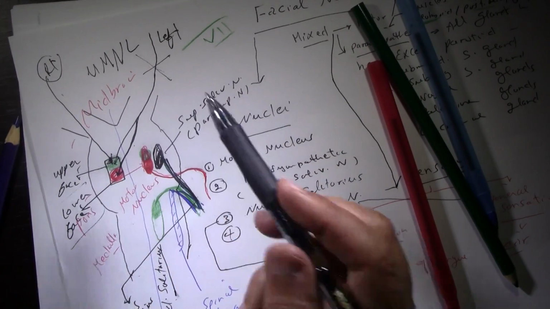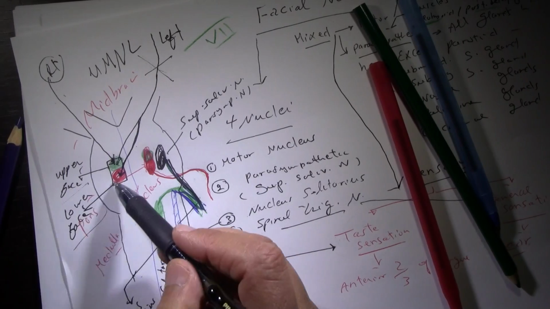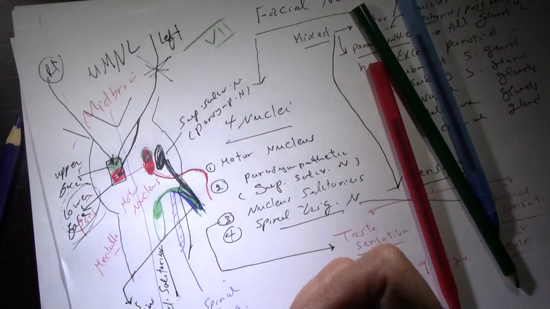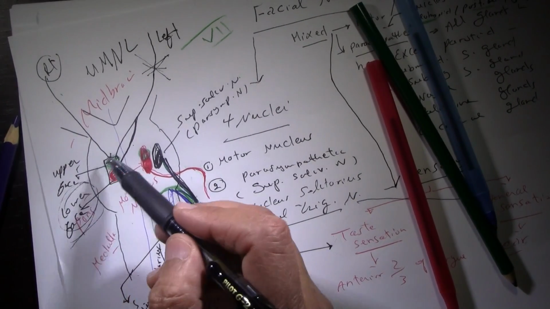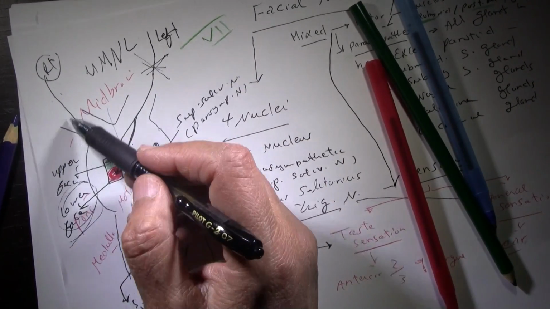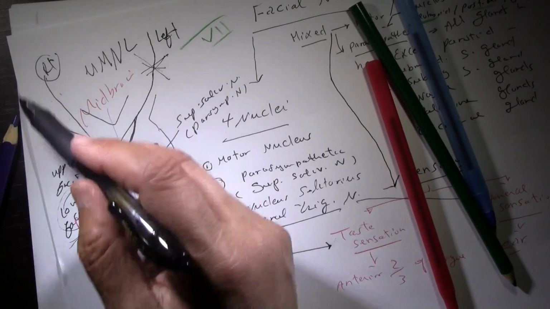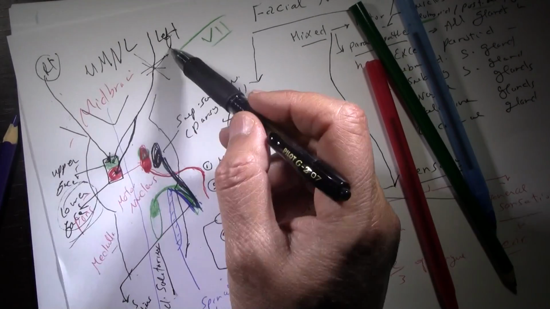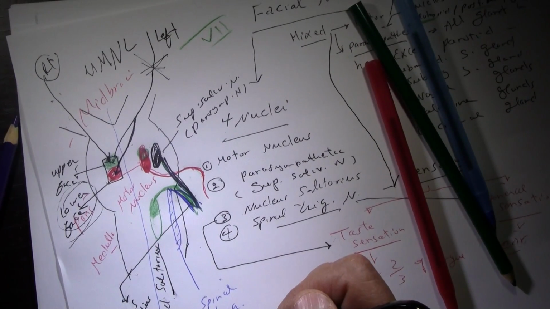If you see that the right lower half of the face is affected, it means that the lesion is in the left cerebral hemisphere. Why is the upper half not affected? Because even if this is affected, you still have this intact. It will not be affected unless it is bilaterally injured, if there is a problem on both sides. Otherwise, only the lower face is the one which is affected.